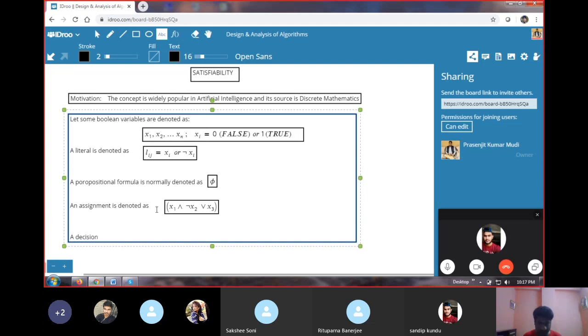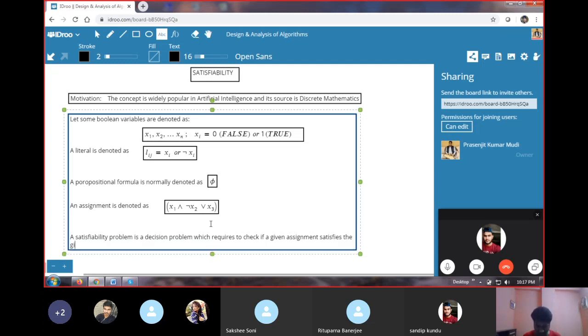So a satisfiability problem is a decision problem which requires us to check whether a given assignment satisfies the given propositional formula.